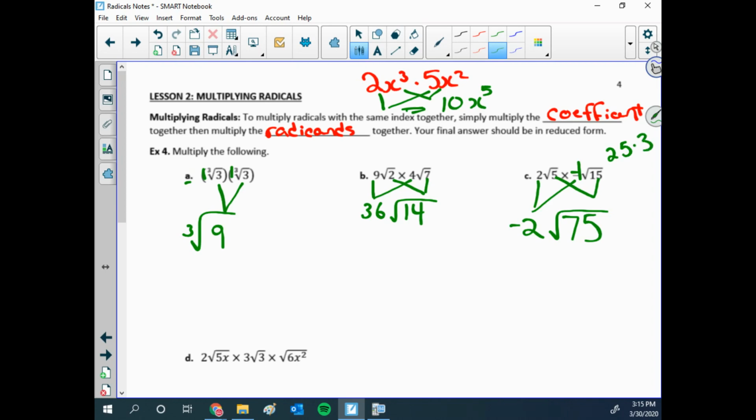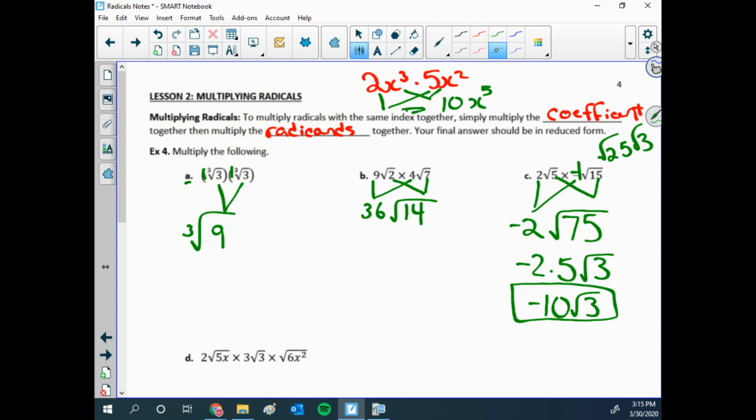The square root of 25 is 5, and the irrational number would just stay underneath as root 3. And I would multiply the coefficients together. So negative 2 times 5 is going to give me negative 10 root 3. And so there is that answer when I multiplied C together.